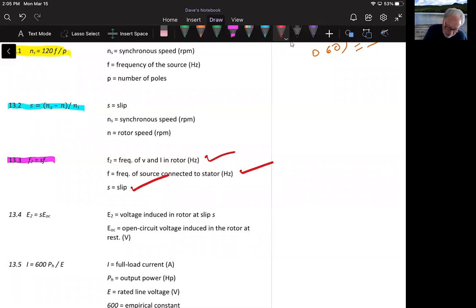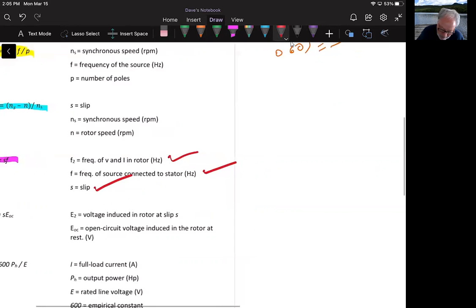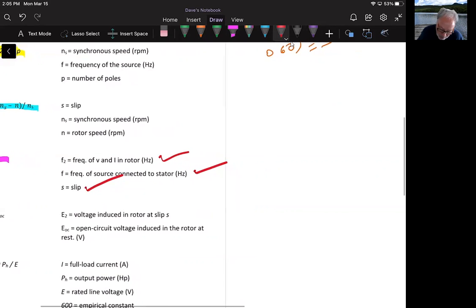So I could have a problem like the example given in 13.3, where the synchronous speed is 1,200 and you're trying to determine what the frequency of the induced voltage in the rotor would be. As you walk through that problem, you're going to have to start with determining what the synchronous speed is first.